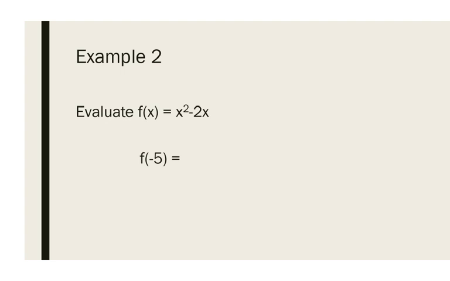So example 2, we have f of x equals x squared minus 2x. So this time, we're trying to find f of negative 5. So notice what changed. The x became a negative 5. So take the equation they gave us, which is x squared minus 2x, and plug in the negative 5 where the x is.